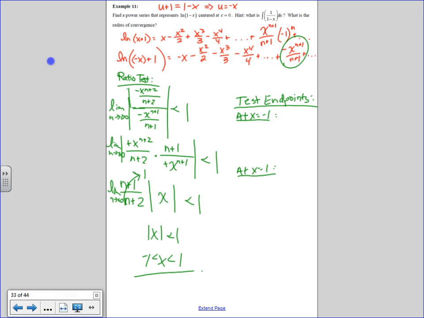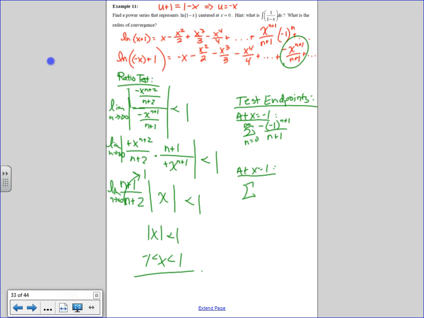at x equals negative 1. Remember, we have to go all the way back and say, okay, plug in. So at x equals negative 1, I'm talking about the sum from n equals 0 to infinity of plug in negative 1. So I have negative 1 to the n plus 1 all over n plus 1.